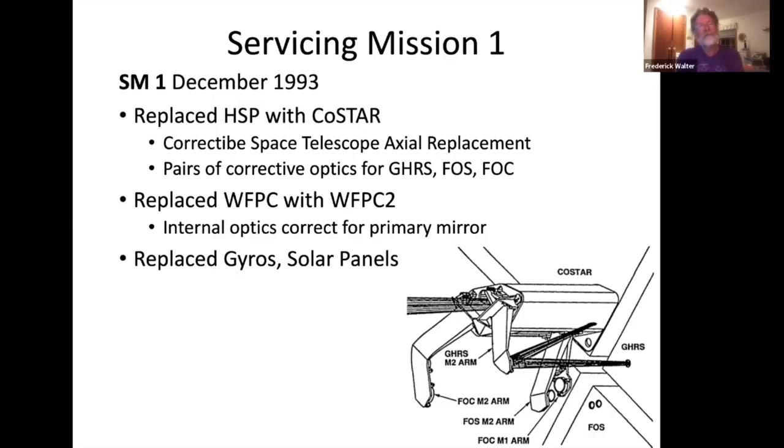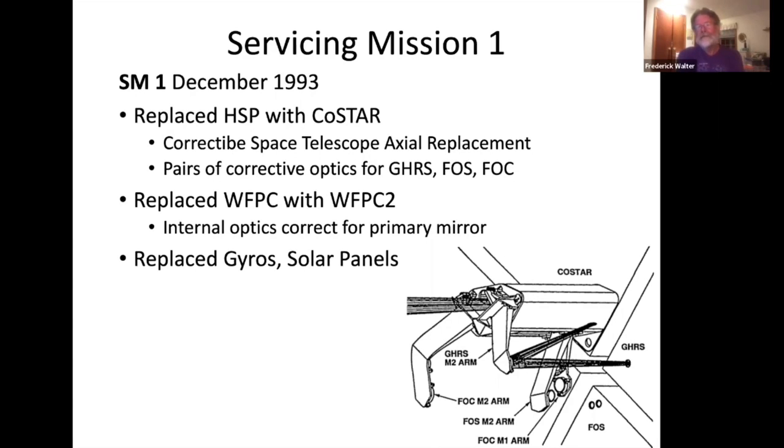the high speed photometer was replaced with COSTAR, I misspelled that, the Corrective Optics Space Telescope Axial Replacement instrument. It provided pairs of mirrors, 2 mirrors for each of 3 instruments.